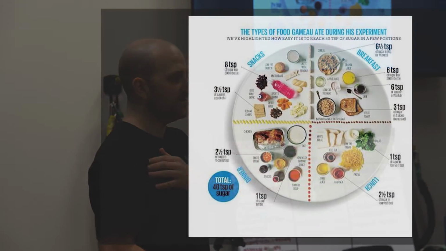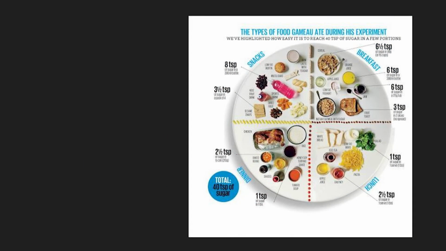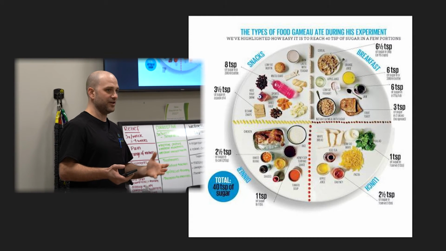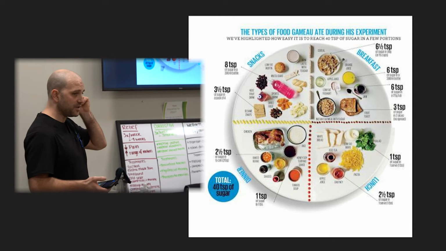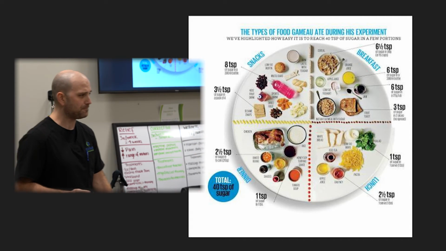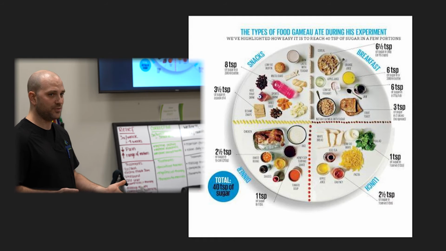Now the problem with sugar is that it's hidden in many, many different things that disguise themselves as healthy, like granola bars, gluten-free foods, low-fat foods that have so much sugar. I don't know if you've ever heard of the movie That Sugar Movie. You can find it on YouTube.